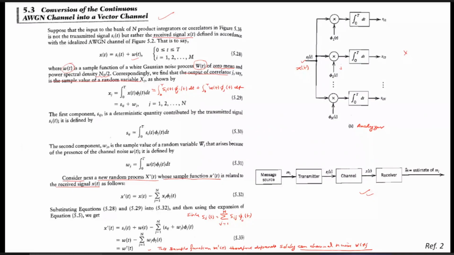Once the input is random in nature, the output will also be random. So suppose the variable we get at the output is Xj, and the sample value of that is xj.